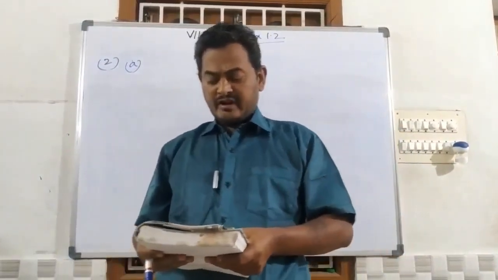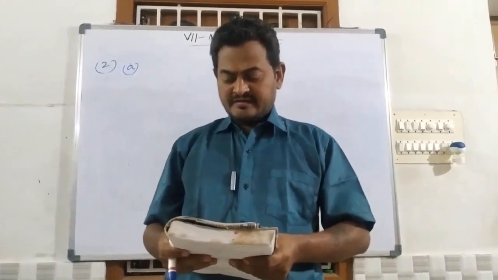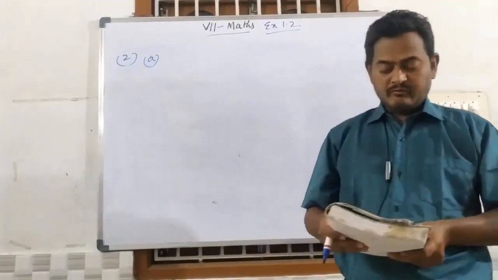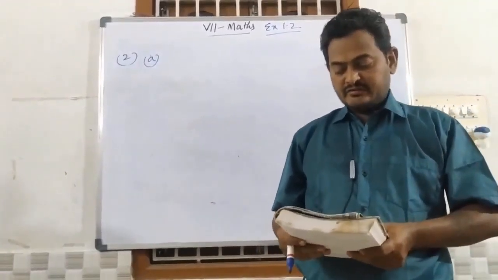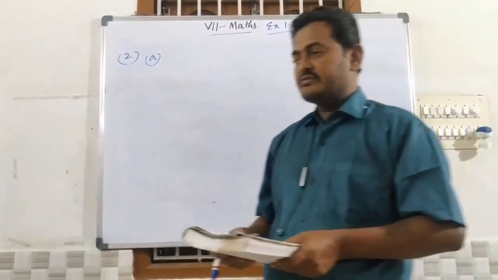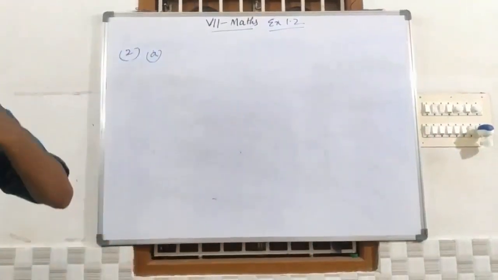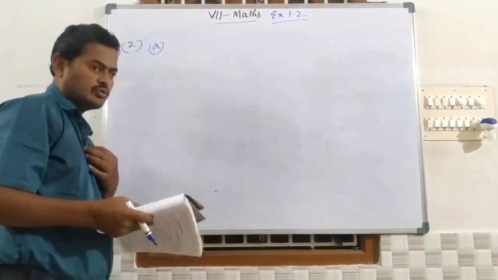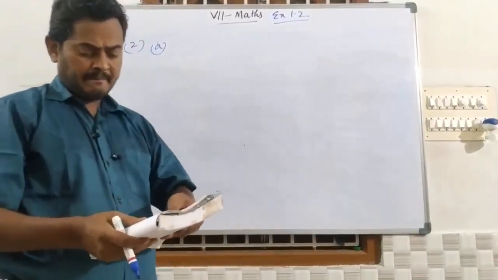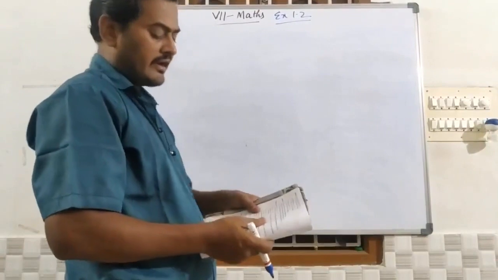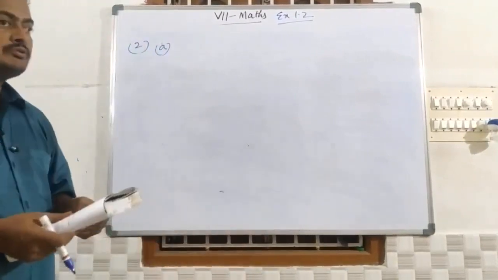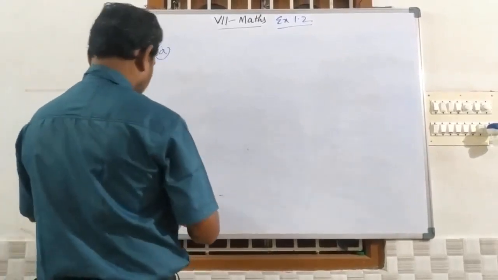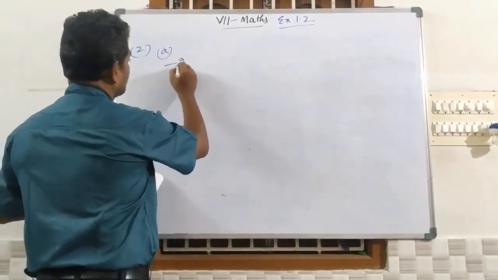Write a pair of negative integers whose difference is 8. Once again the question: write a pair of negative integers whose difference gives 8. That means we want to take one pair, two numbers, and both should be negative, and the difference should be 8. Suppose I am taking -2 minus difference.